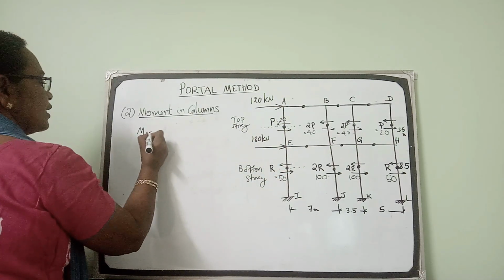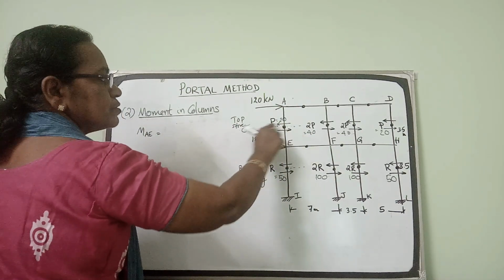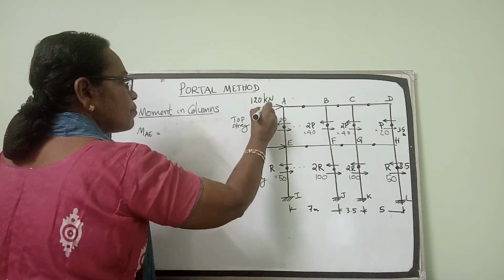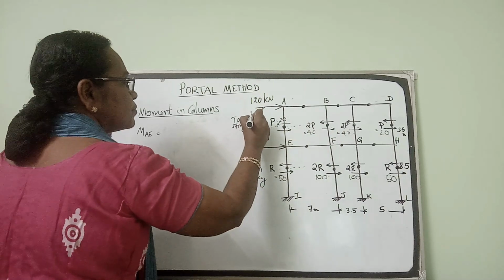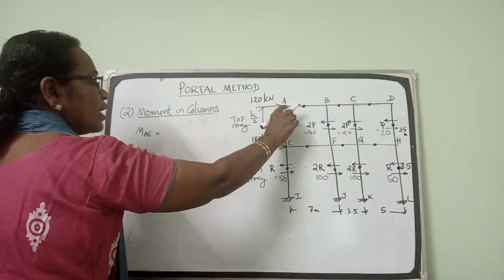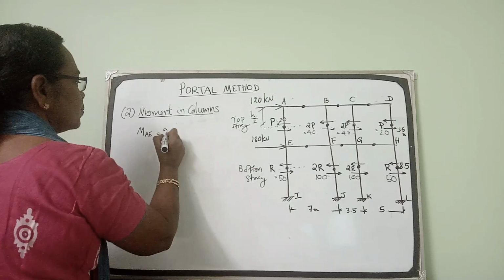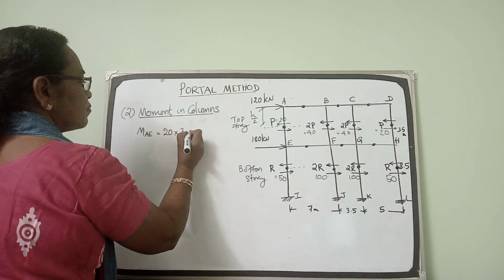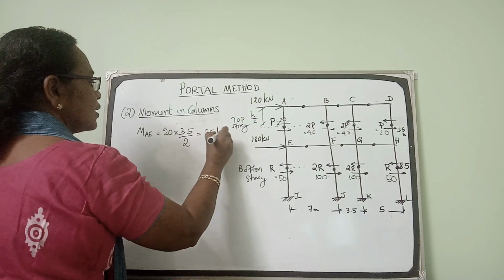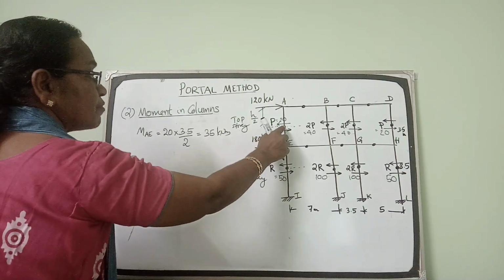Moment in column AE. If you consider this end A, the horizontal force is 20 kilonewton, 20 into this distance. The distance is height of story by 2. So the moment in column AE at the end A is 20 into 3.5 by 2, so it is 35 kilonewton meter. See, there is a point of contraflexure here.